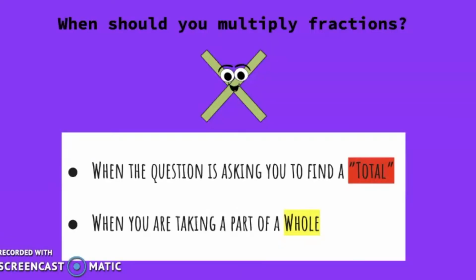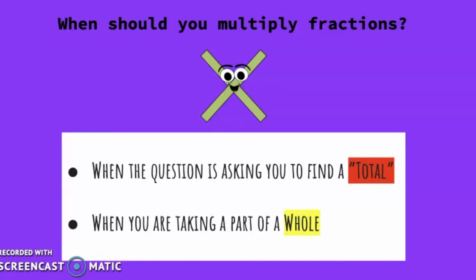So the first thing we're going to do is look at when should you multiply fractions? Well, when should you multiply in general? Do you guys remember every time we were in class and we would read a problem, I would ask you, do we have a total? Because if we had a total, then we knew that the only math operations we can do were either to subtract or divide.